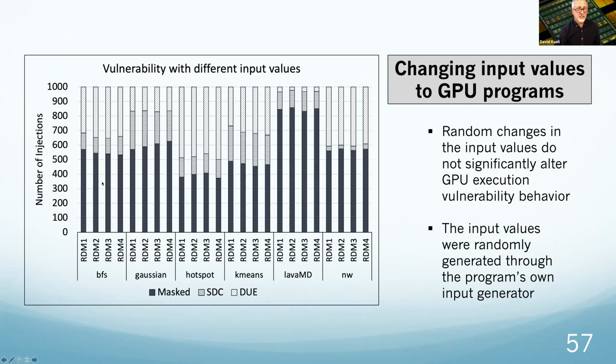They don't really significantly change, as you can see, for each of these 6 applications. So the profile shifts maybe a little bit, but the input values were generated through the program's old input generator. So again, they don't seem to be highly susceptible.